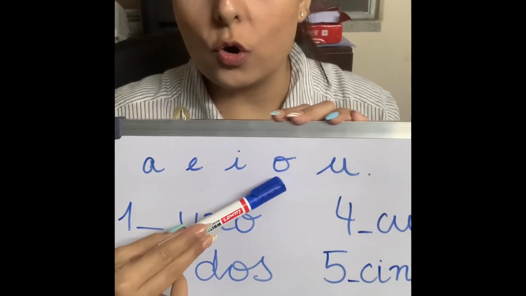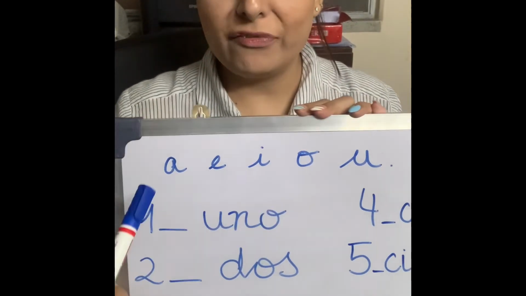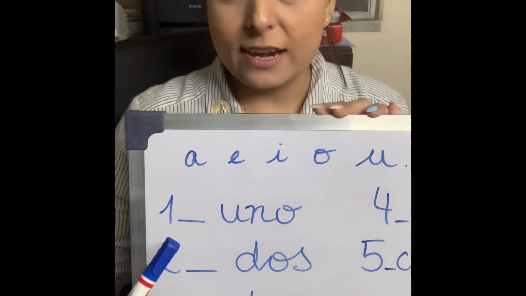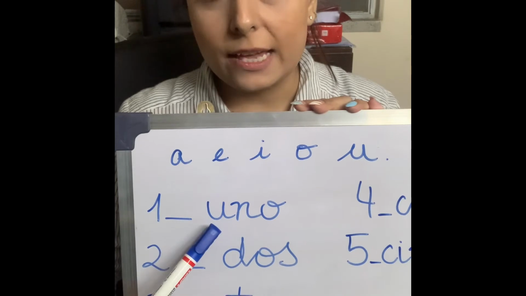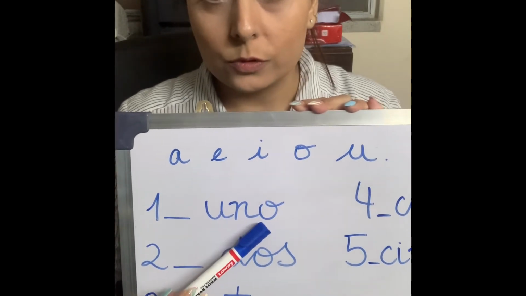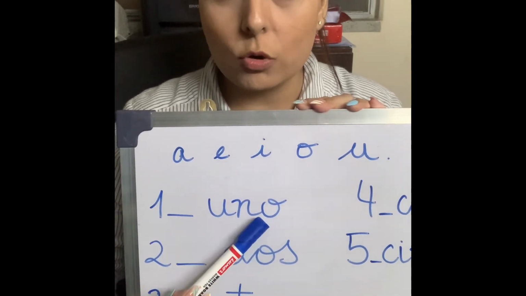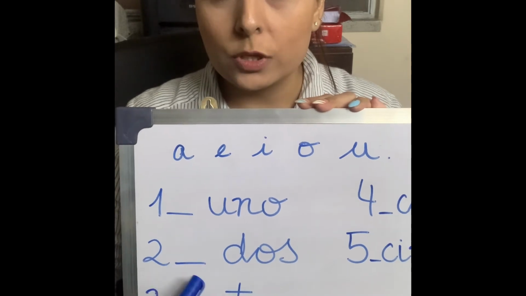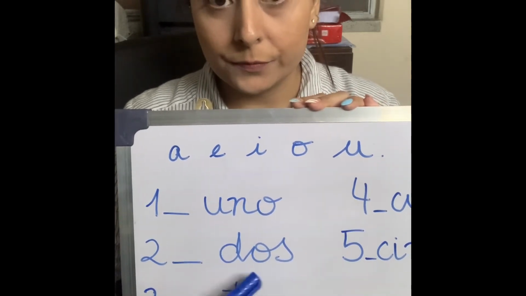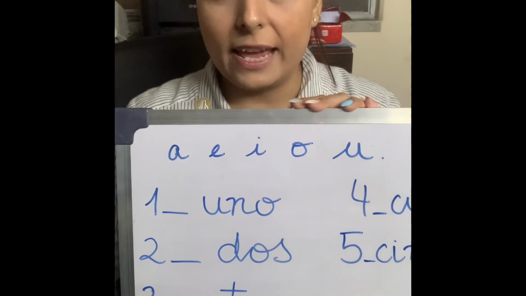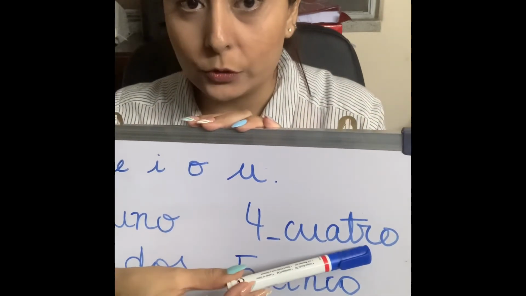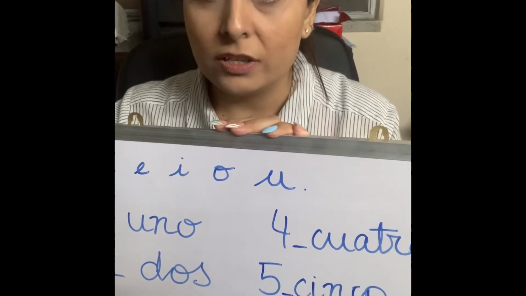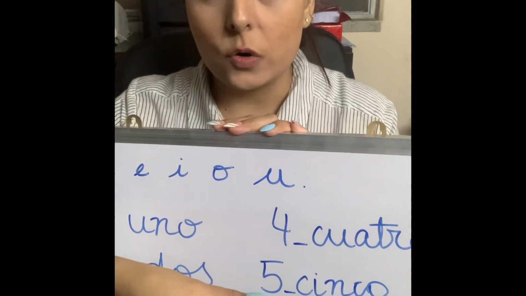So guys, my next set of examples with A, E, O, U are the following numbers. Number 1 is pronounced as uno. 2, dos. 3, tres. 4, cuatro. 5, cinco.